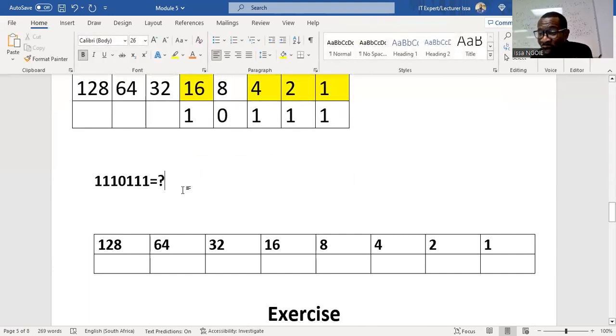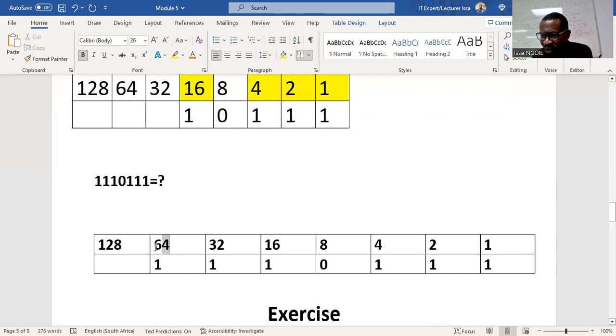For me to get this answer, I'm going to just pick up these binary numbers. You come here, you say 1, followed by 1, followed by another 1, there is 0, 1, there is 1, there is another 1. All right.